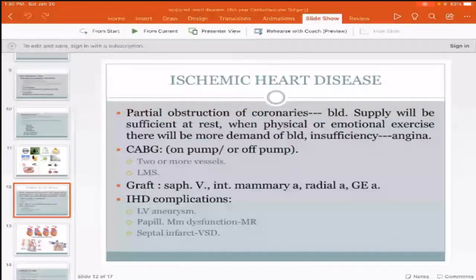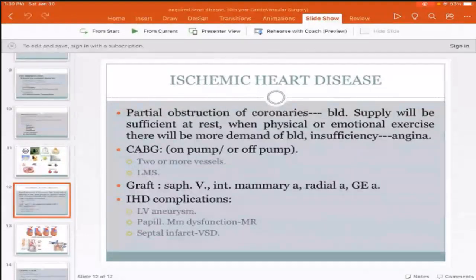We can use both of them, LIMA and RIMA, or we can use a radial artery, or we can use a gastroepiploic artery from the stomach. These are the best replacement for an artery: an artery. The second choice for replacement of the artery is a venous one. Always we prefer an artery for an artery.